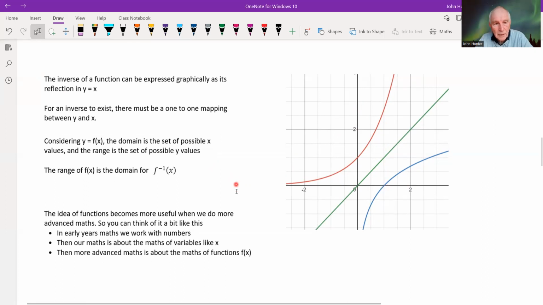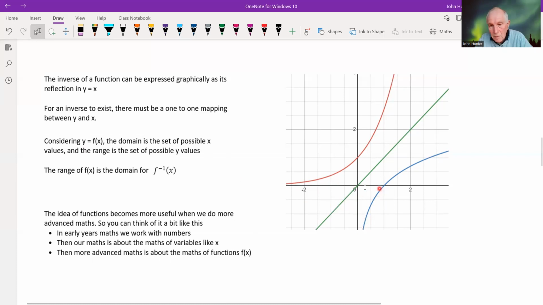We talk about the domain and the range. The domain is basically the set of possible values of x. You can see with this particular function that we can't have negative x's. It asymptotes down to this vertical axis here.